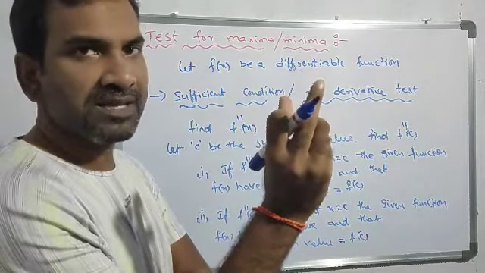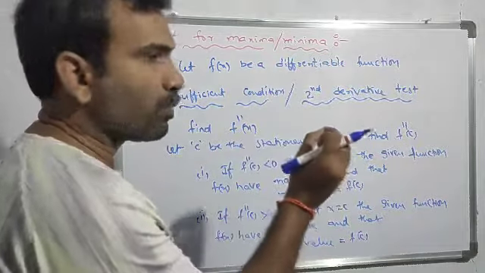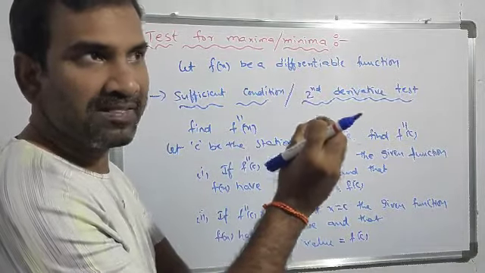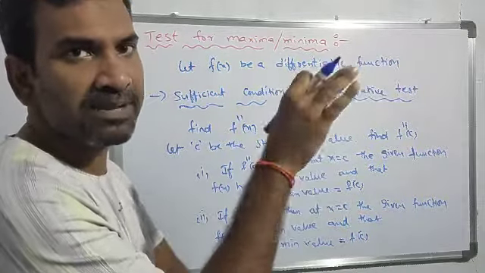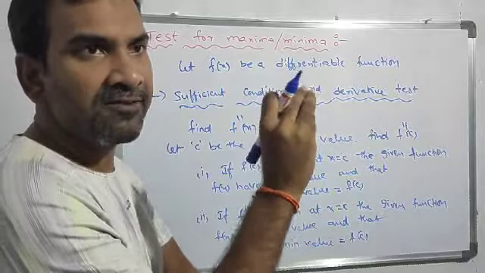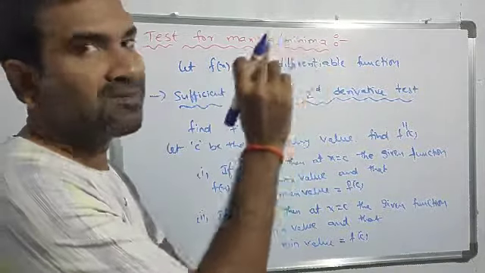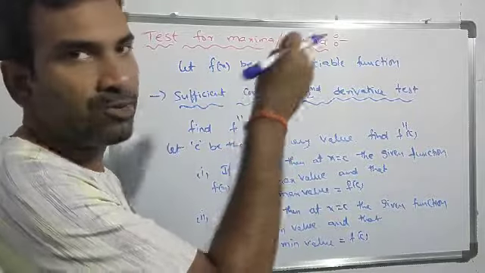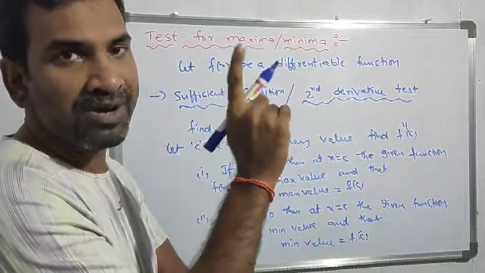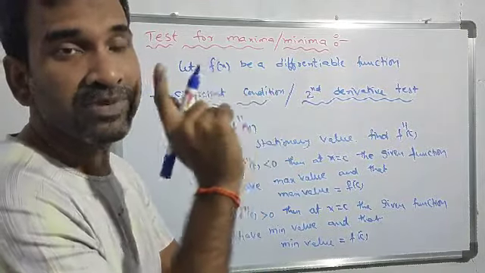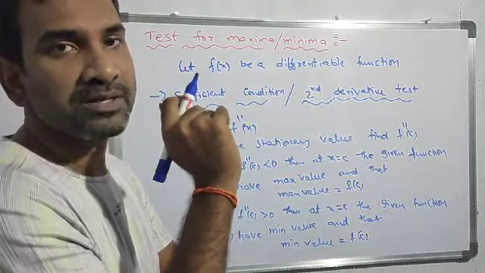C comma f of c. That means if you take one stationary value, sometimes it gives extreme values, the minimum or maximum value. Sometimes they are not giving the extreme values. That type of points are called stationary saddle points. Understand? Right.